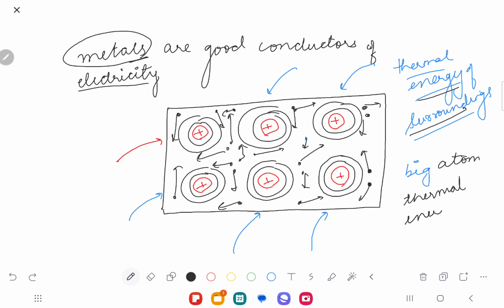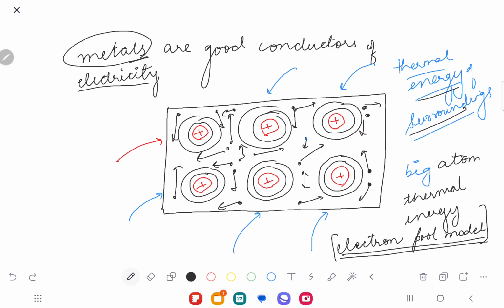And this is called the electron pool model. You understand my point? So we will say that these metals, because of their big size, have free mobile electrons.